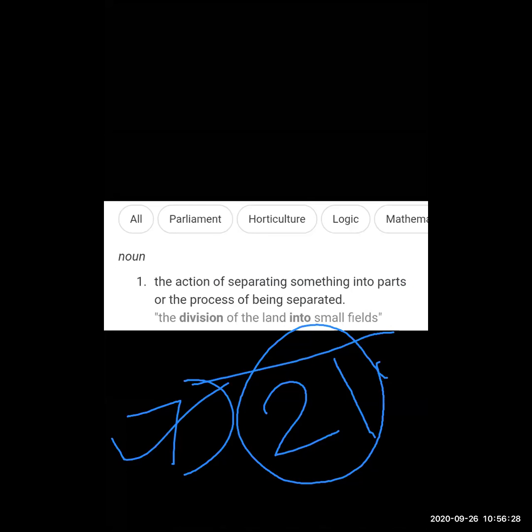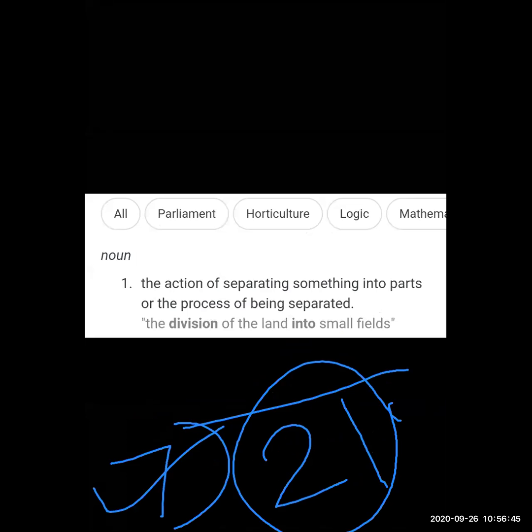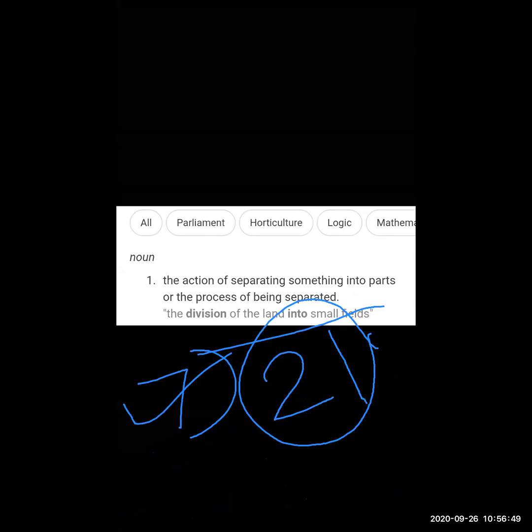Now what do you want to do? You want to learn the table of 7 in your mind. Tell me, in the table of 7, at which place will 21 come?